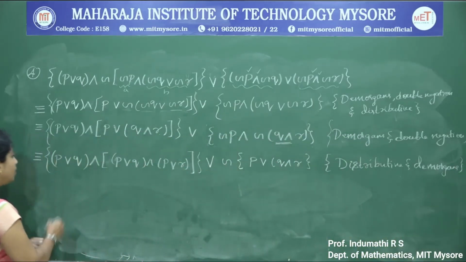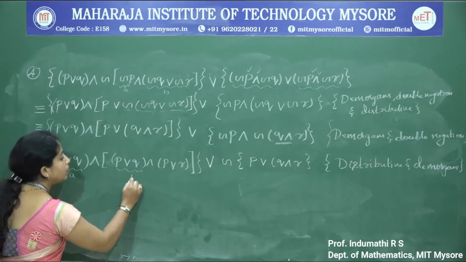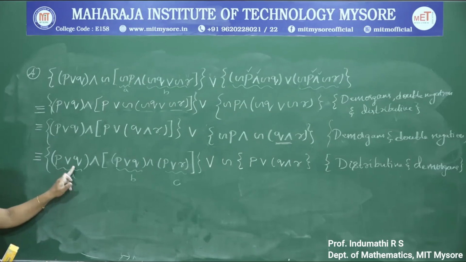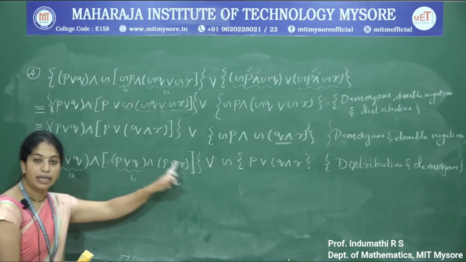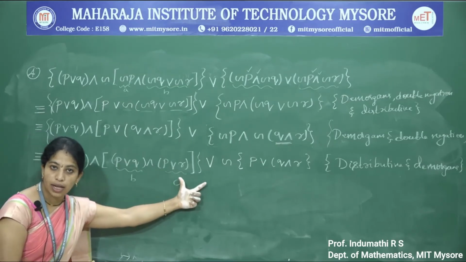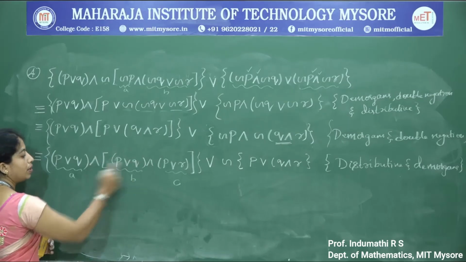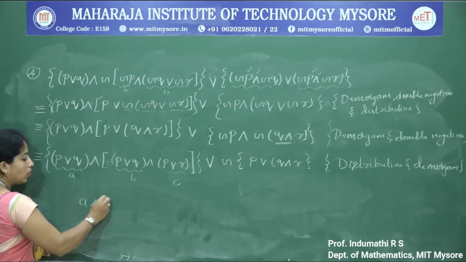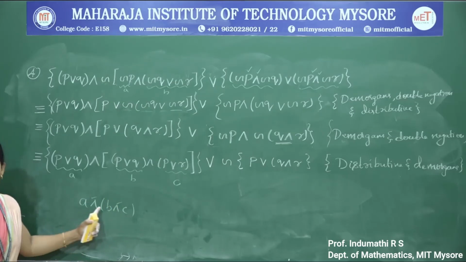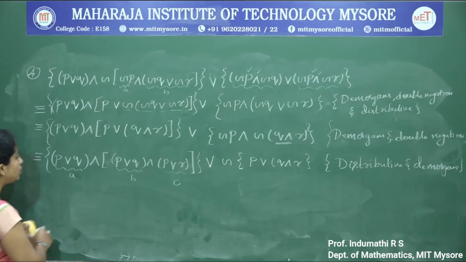The next step, imagine this function is A, this function is B and this function is C. Now it is of the form A conjunction of B conjunction C. See, the brackets are for the last two terms. Change the brackets. See, the symbols are similar. The brackets are for the last two terms. Apply the brackets for the first two terms.